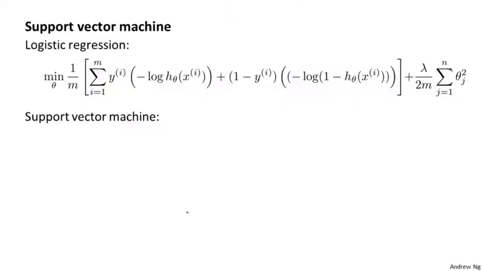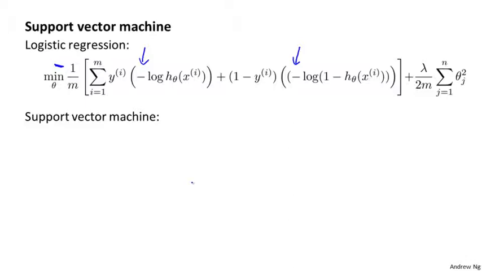Here's the cost function J of theta that we had for logistic regression. In case this equation looks a bit unfamiliar, it is because previously we had a minus sign outside, but here I instead moved the minus signs inside this expression, so it just looks a little bit different.